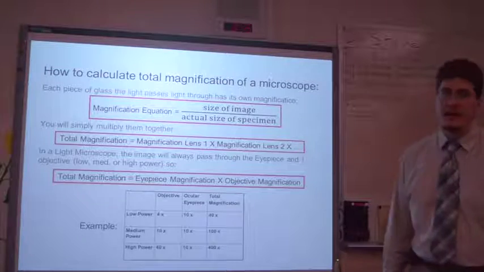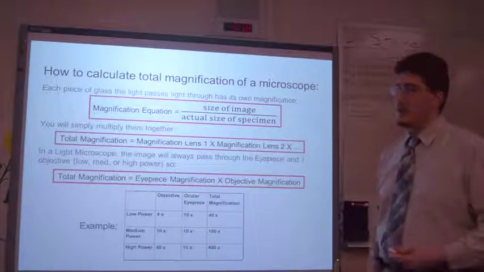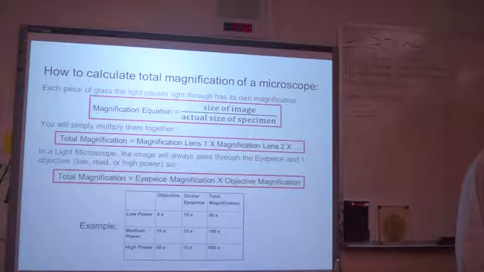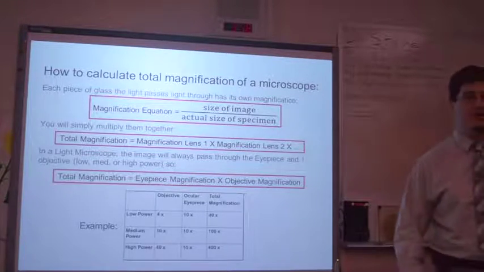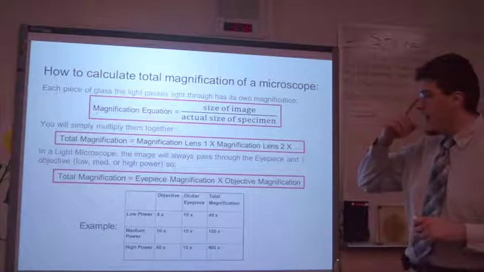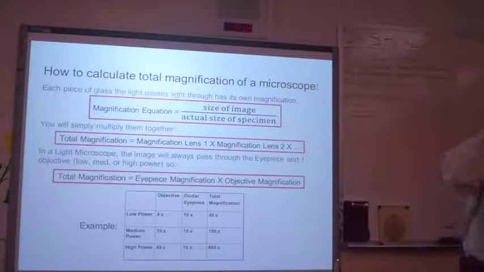That will always be. It will always be. And you can do algebra to move those letters around. Total magnification is when you have multiple lenses, like in a light microscope, which has an objective lens that you rotate around, and an eyepiece lens that you look through.